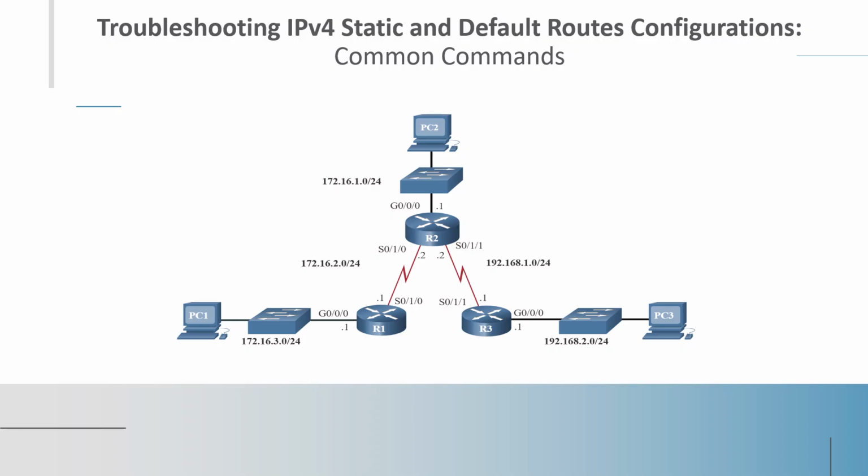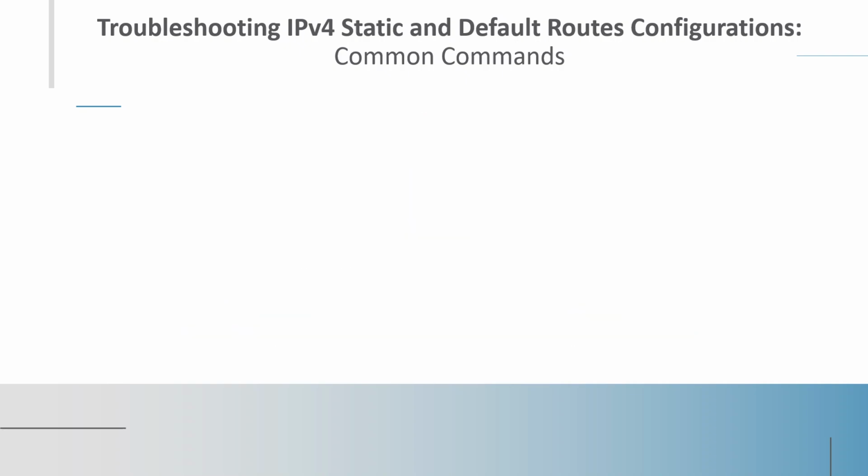To use these troubleshooting commands, first we will show you a topology to demonstrate those commands. And here is a topology shown on the screen that we will use to do some troubleshooting commands. One of the troubleshooting commands is the command ping.